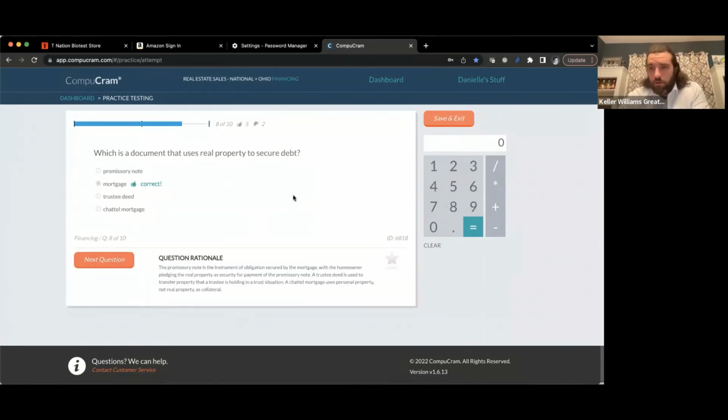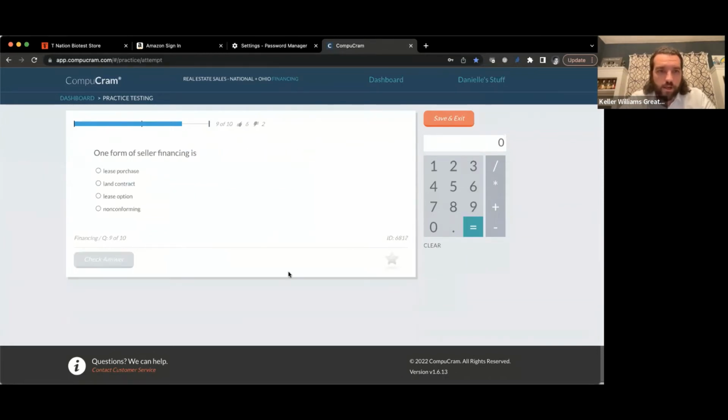When you purchase a property, you are getting a purchase money mortgage. You buy the mortgage and then you leverage that property for that money, right? It's a simultaneous transaction, but that real property, that land, that house secures the debt. And so that is what a mortgage does.